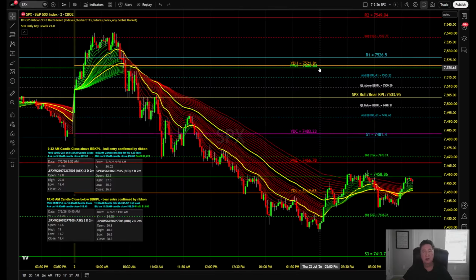Then on the remaining runners, you're managing those by also using the ribbon to gauge further trend continuation.